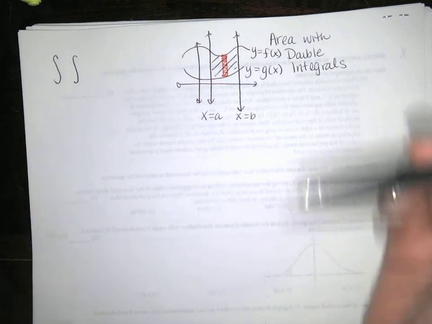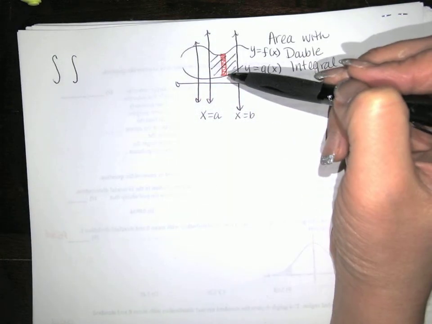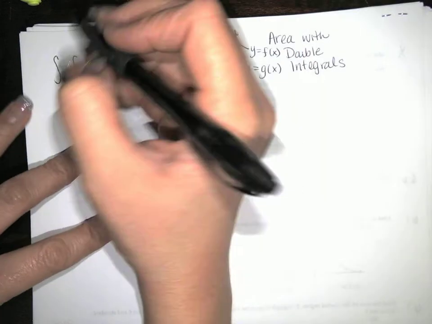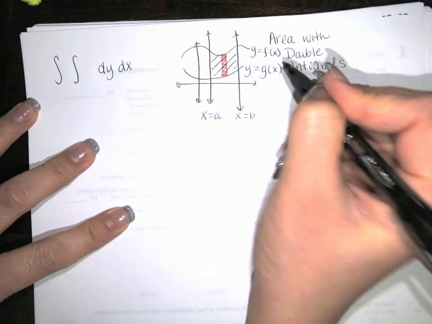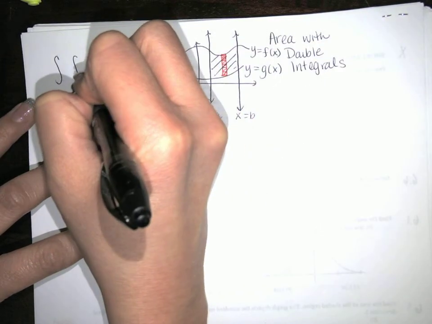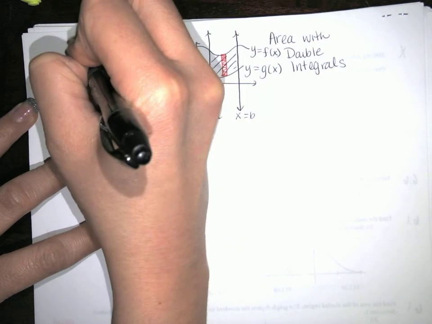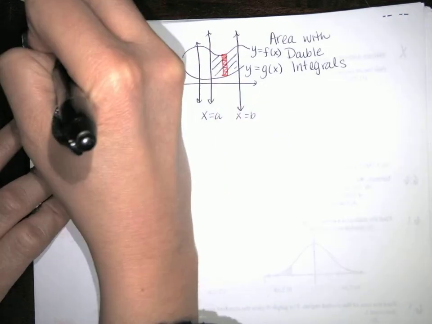So it would make sense, if I'm trying to describe this area, to integrate with respect to y first. So y goes from g of x to f of x, from the bottom function to the top function, and x goes from a to b.